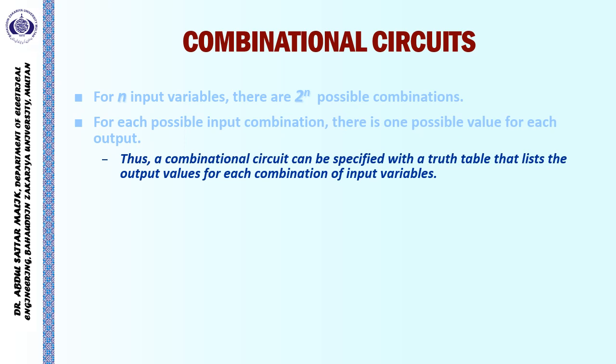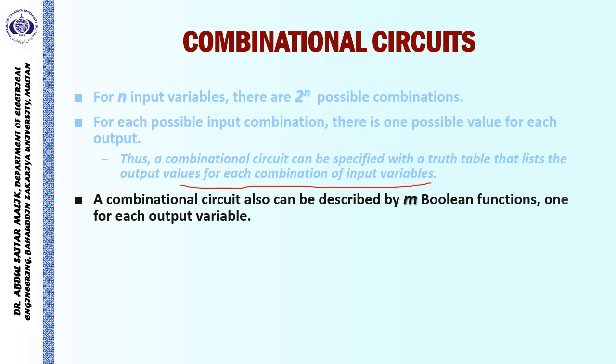Thus, a combinational circuit can be specified with the help of a truth table that lists the output values for each combination of the input variables. A combinational circuit can also be described by m Boolean functions, one for each output variable.